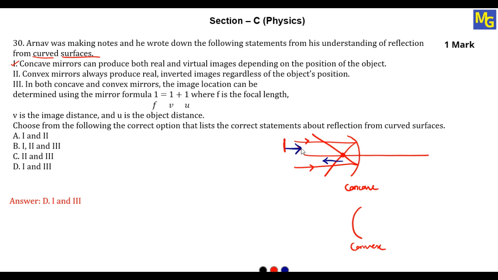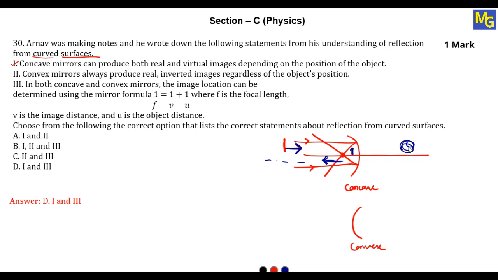Like this, as we move our object towards the mirror, our image will go away from the mirror. But at a certain point, when your object is between the focus and the pole, your image will be behind the mirror. Here you are going to get your image.